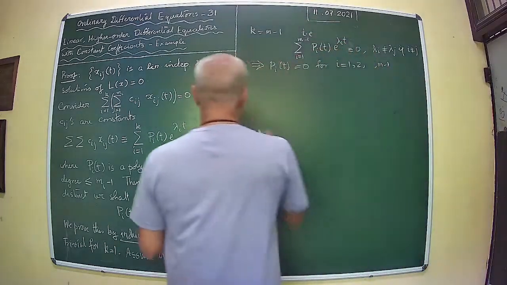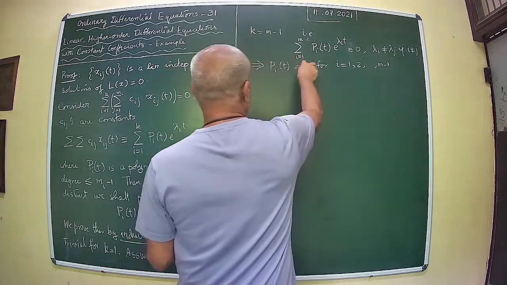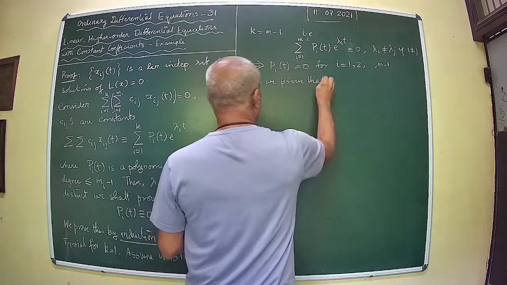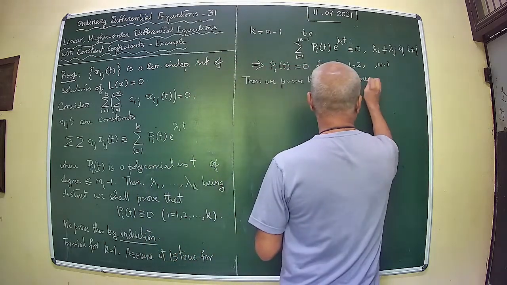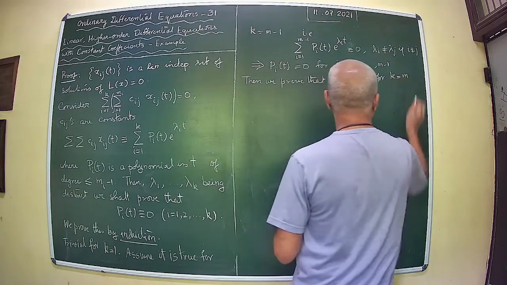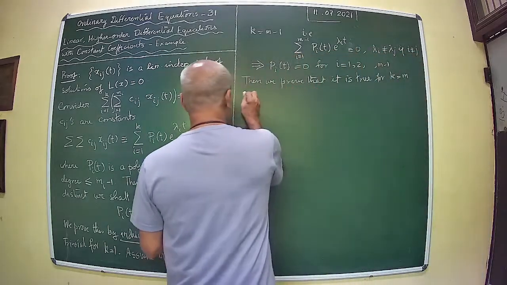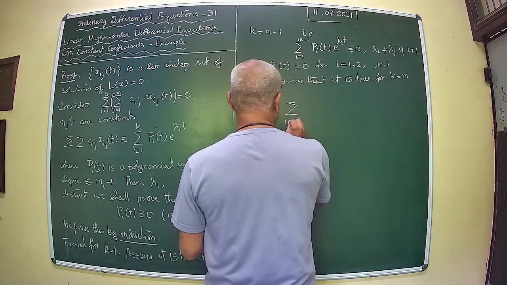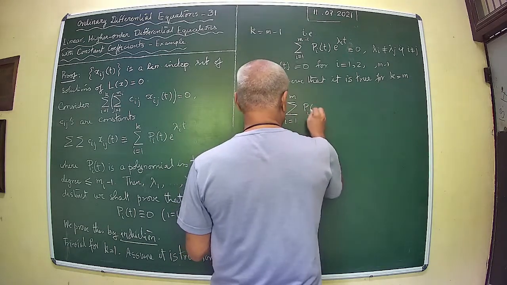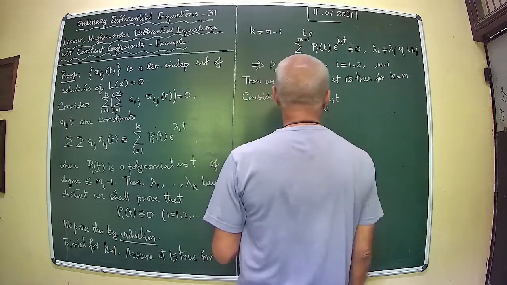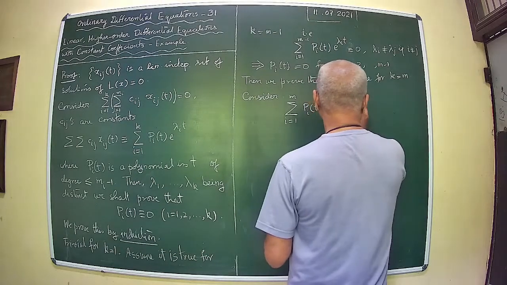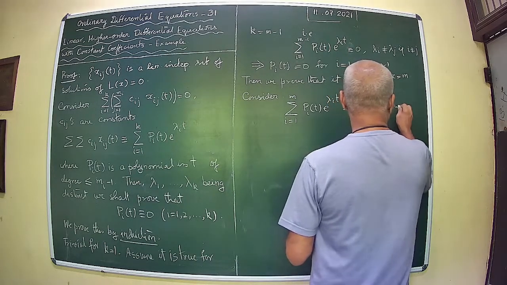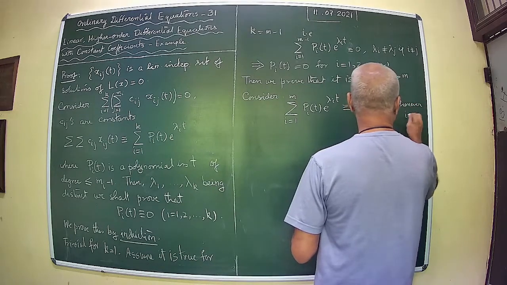Now we shall prove it. So for i running from 1 to m, let this relation hold with lambda_i not equal to lambda_j whenever i not equal to j.